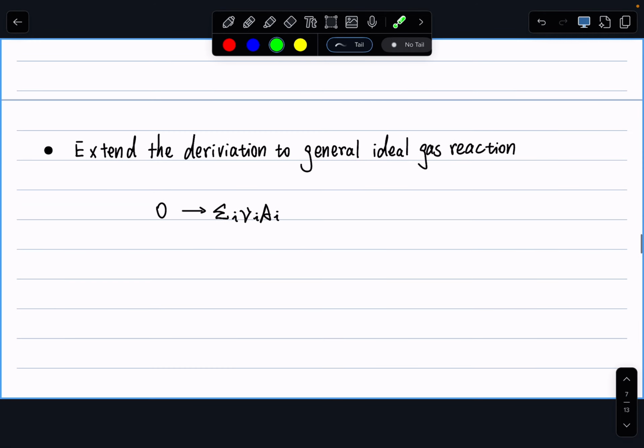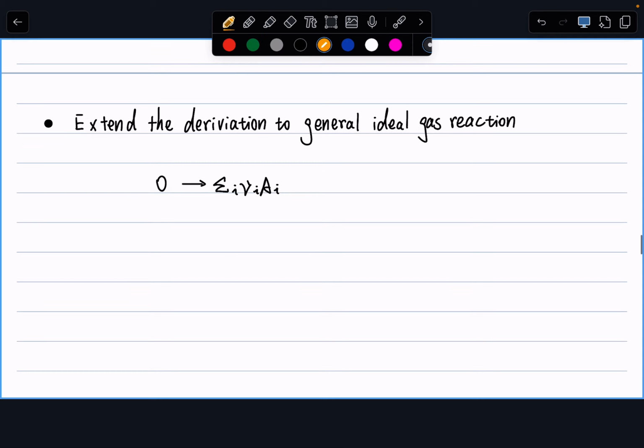Right, so if we want to generalize it for a reaction of 0 goes to the sum of stoichiometric coefficient times the species Ai, what do we have here? Well, similarly, we still have our delta G naught at a certain temperature equals negative RT ln Kp naught, and our Kp naught is defined as this little symbol.